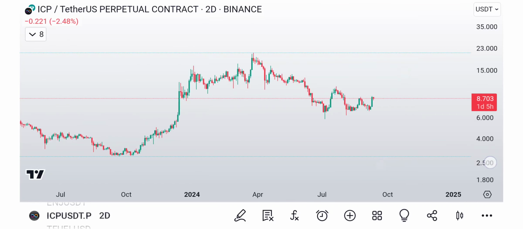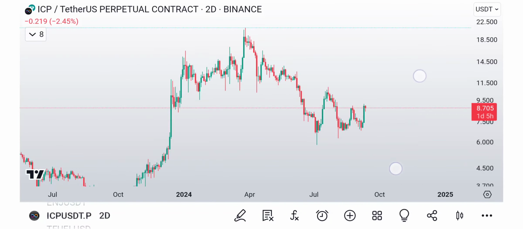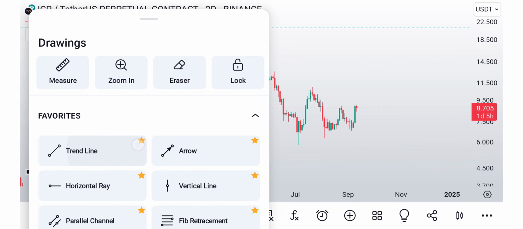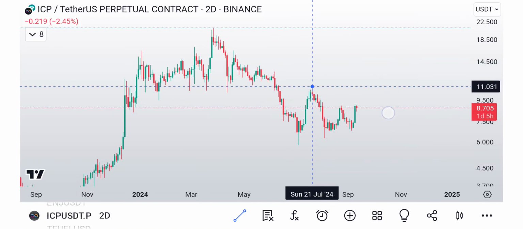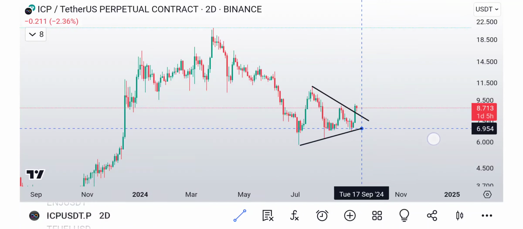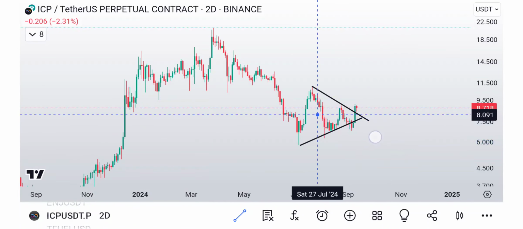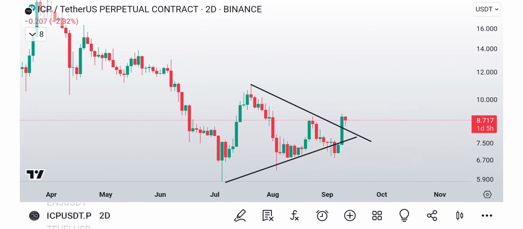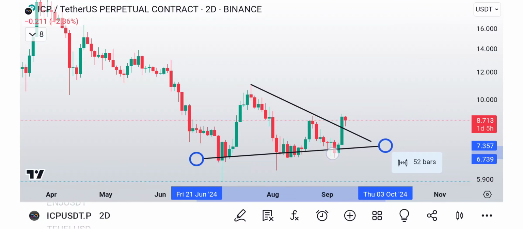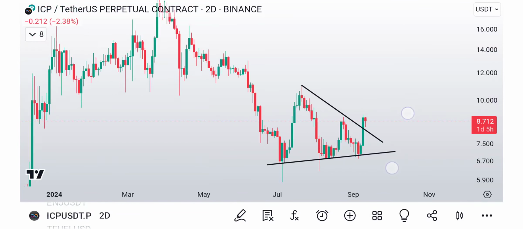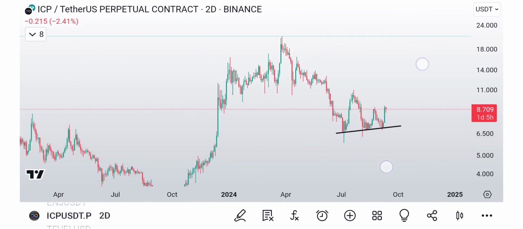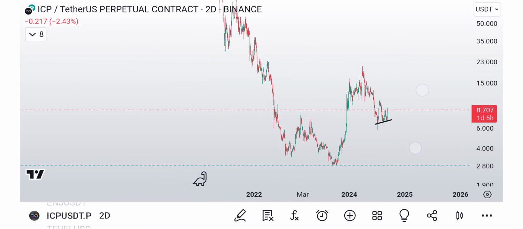Man, ICP looks pretty dang good right now. I thought it could be in some kind of triangle, but you can see we broke above that downward resistance line, right? So now it's starting to look more like a triple bottom here. You can see right there, right? And now we have an impulse to the upside. So it's actually looking quite nice.